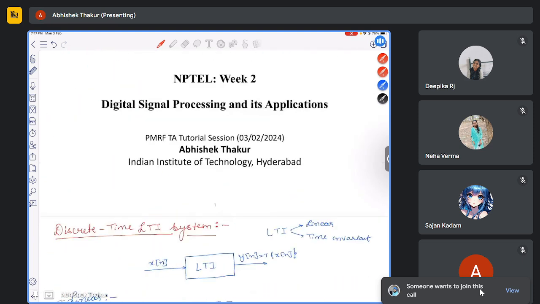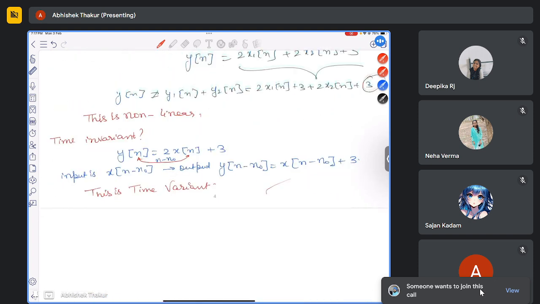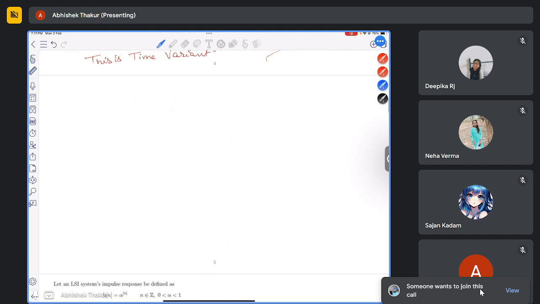So we were at the first, we were studying linear time invariant systems. Whenever x[n] is given as input to a linear time invariant system, the output y[n] will be the transformation of x[n].